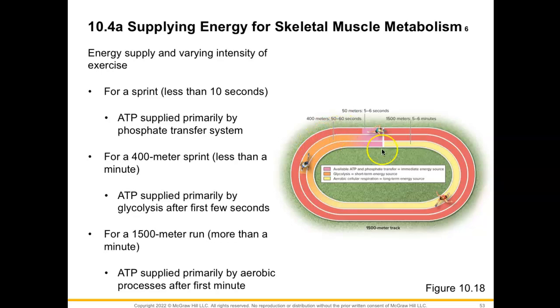For a 400-meter sprint, which you can see over here, this is going to be about a minute or under a minute. ATP will be supplied primarily through glycolysis after the first few seconds. And then for longer distances, like a 1,500-meter run, which is going to be more than a minute, ATP will be supplied primarily through aerobic processes after that first minute.